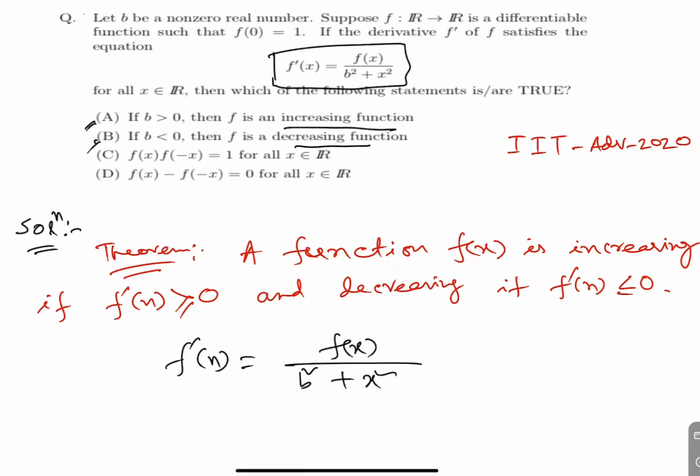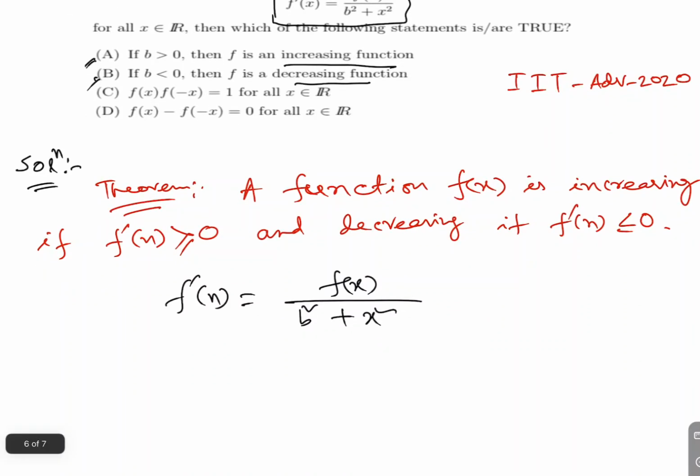So the denominator is always positive, but we don't know about f(x). f(x) may be positive or negative, or somewhere positive, somewhere negative. So we have to eliminate the form of f(x). Okay, so we have to solve this differential equation.